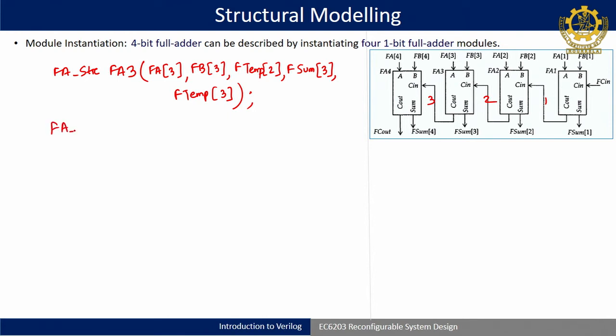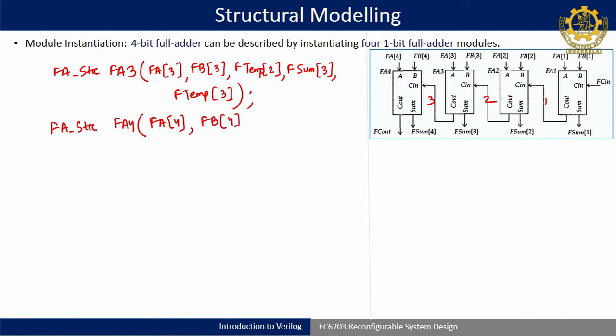Then another is FA underscore str FA4. Again the same thing here, A is connected to FA4. So these are actually the mapping of the ports, local port with actual port.